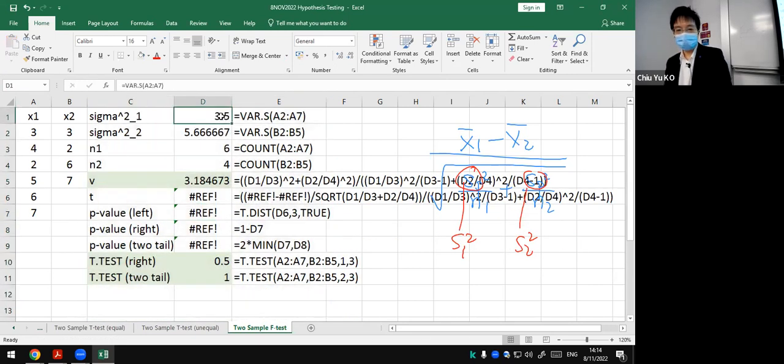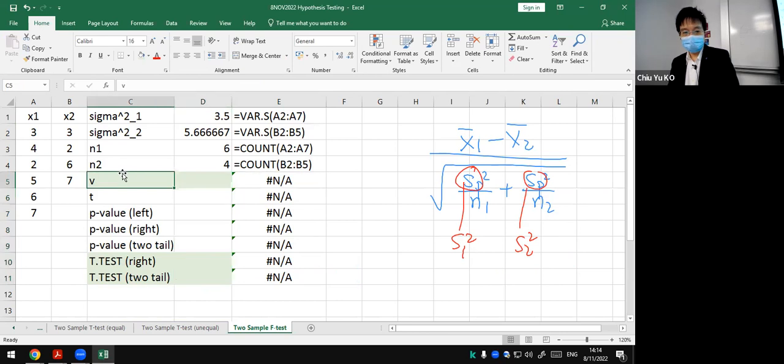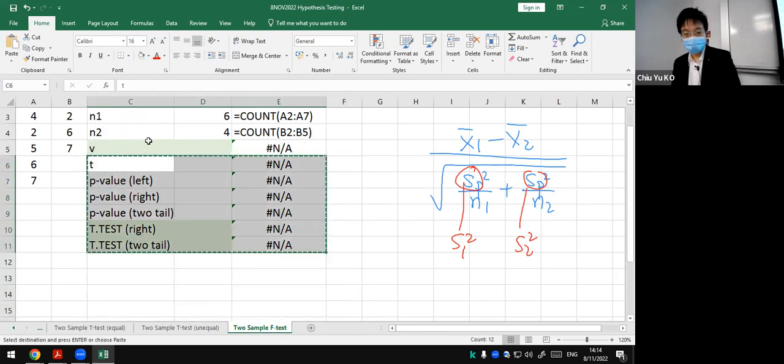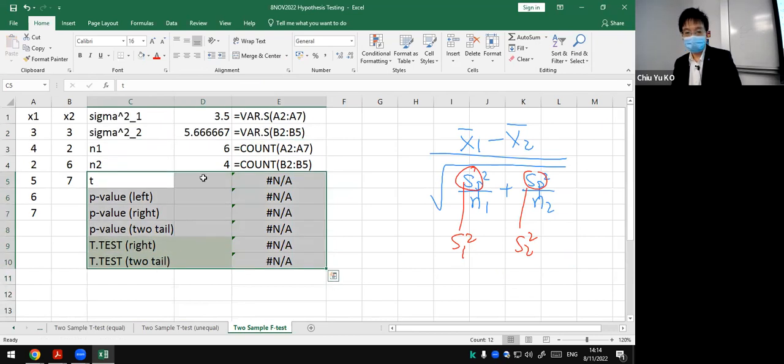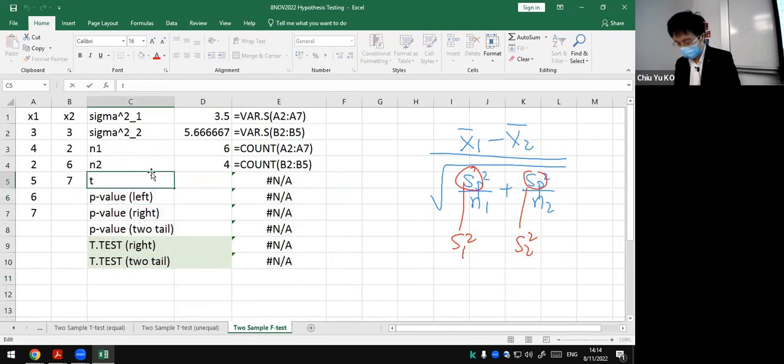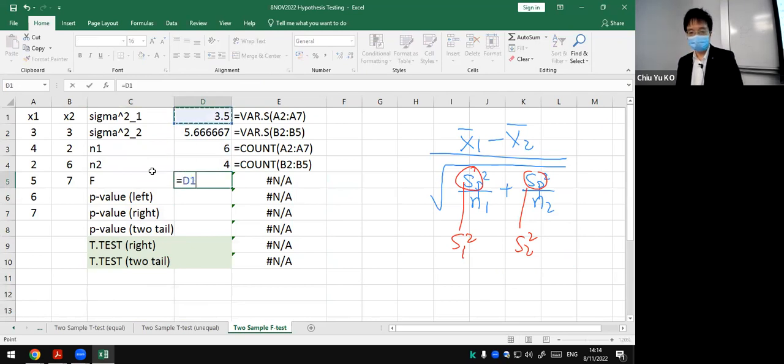So F.TEST, you calculate the variance. And the F is just simply the ratio, right? The F is simply sigma 1 over sigma 2.